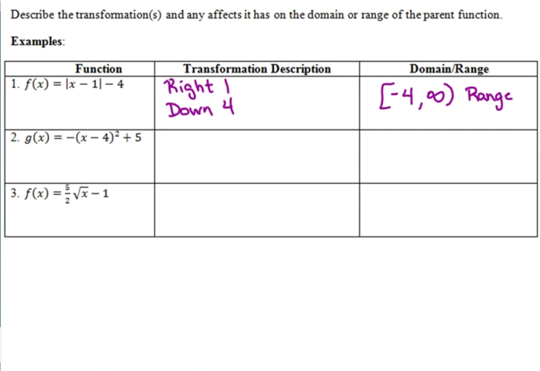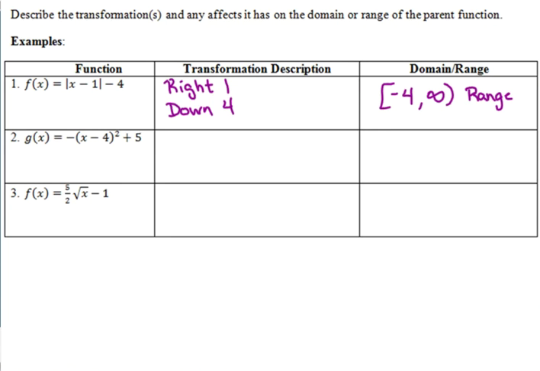Okay, second example, negative (x minus 4) squared plus 5. So let's just go left to right. Well, actually, hang on. Let's not go left to right. Let's do it this way, because this is the order you're supposed to go. Start with the x and work your way out, kind of like order of operations.